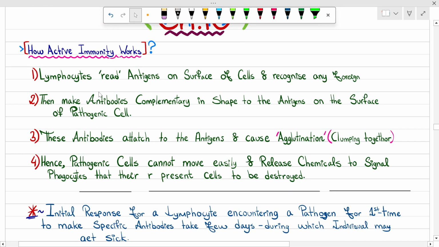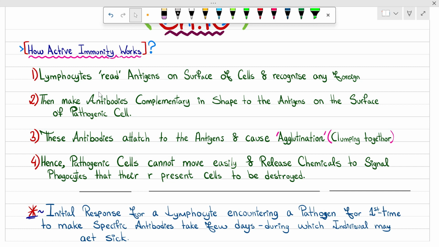Now let's have a look at how active immunity works. So during active immunity, lymphocytes read the antigens on the surface cells and recognize any foreign ones. This means we have a cell and there are antigens on the surface of the cell. If there are any foreign antigens that can cause infection or disease, a lymphocyte will read them and identify them.